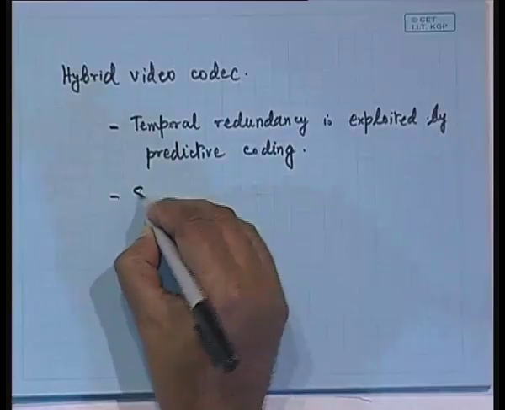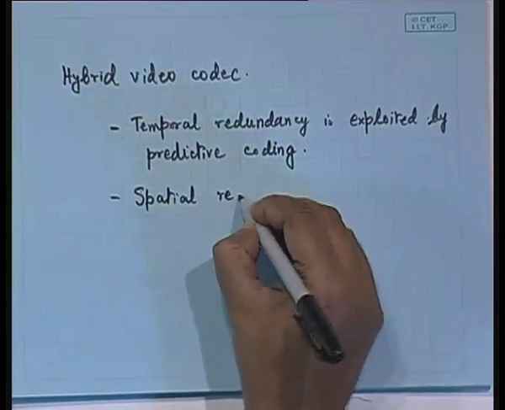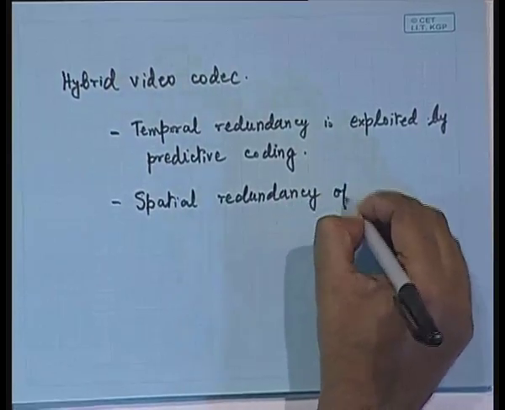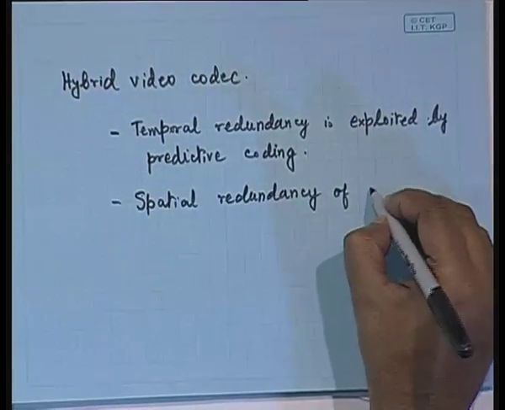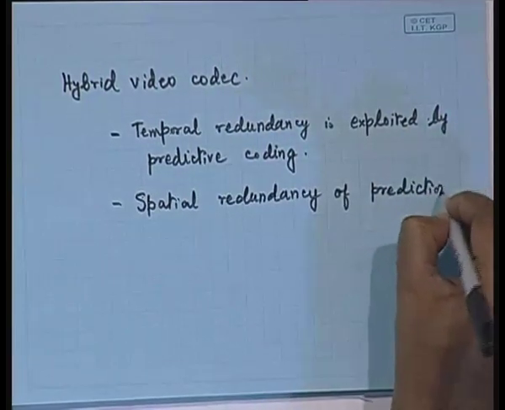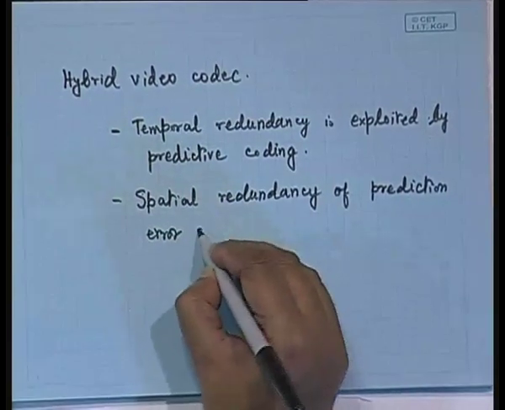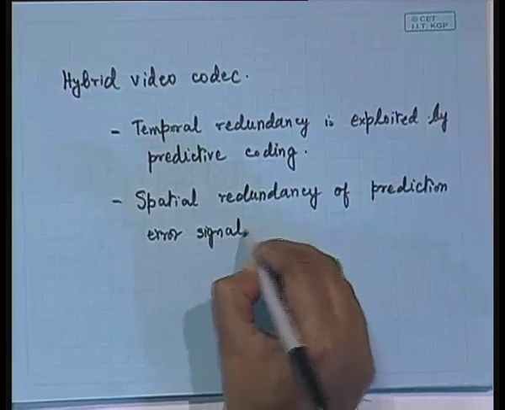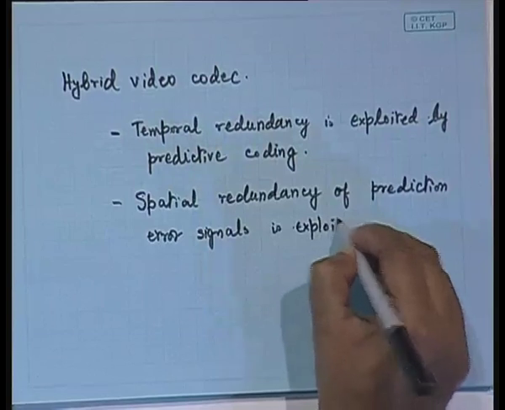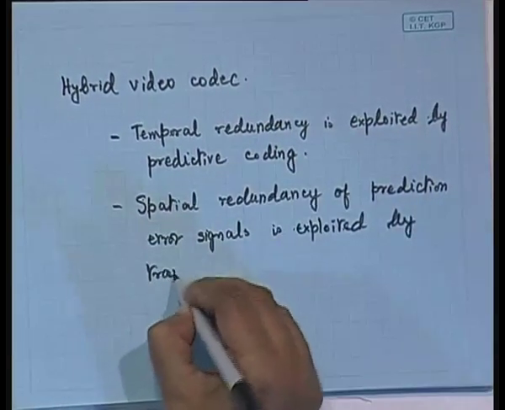So, I can tell it like this, that spatial redundancy of the prediction error signal, the temporal prediction error signal, is exploited by transform domain coding.